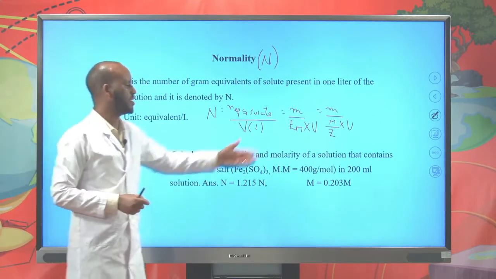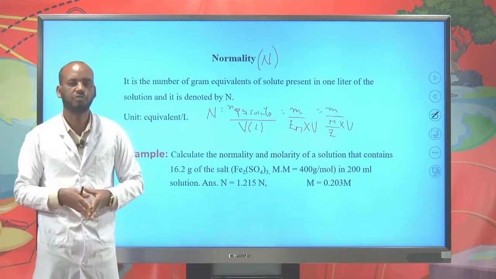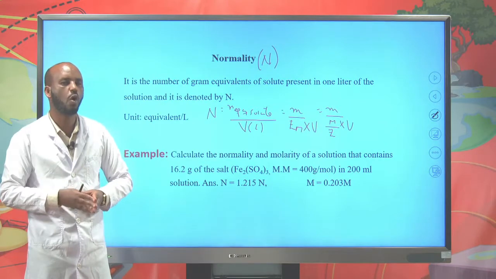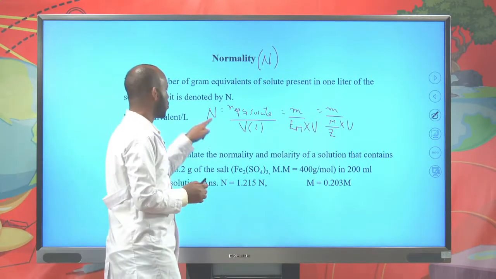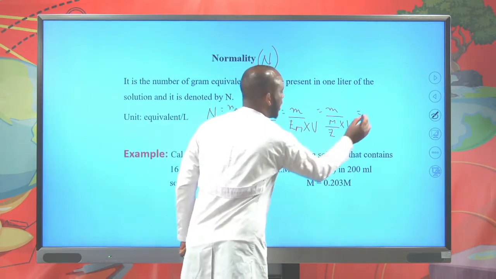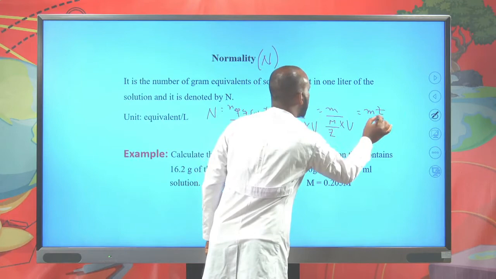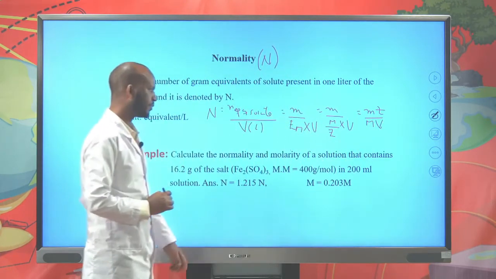For an oxidation reduction reaction, Z is the total number of electrons gained or released. Therefore, normality of the solution equals M times Z divided by molar mass times volume of the solution.